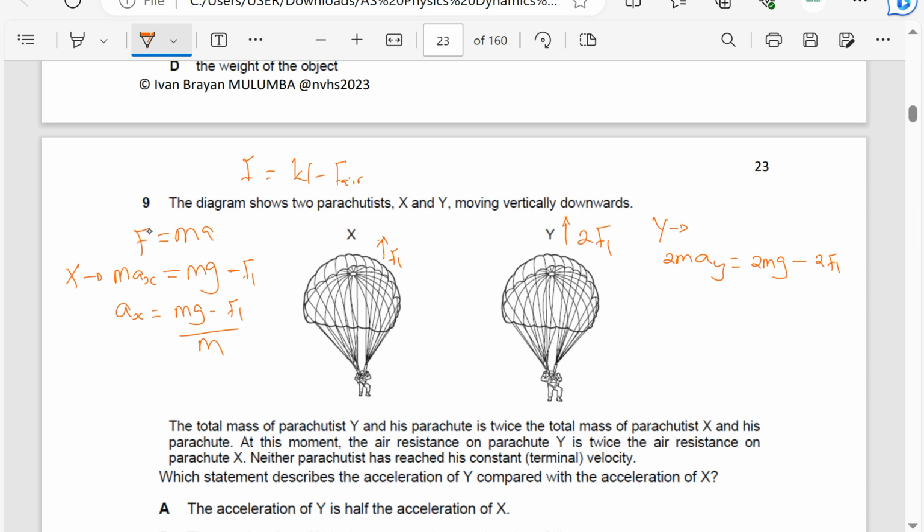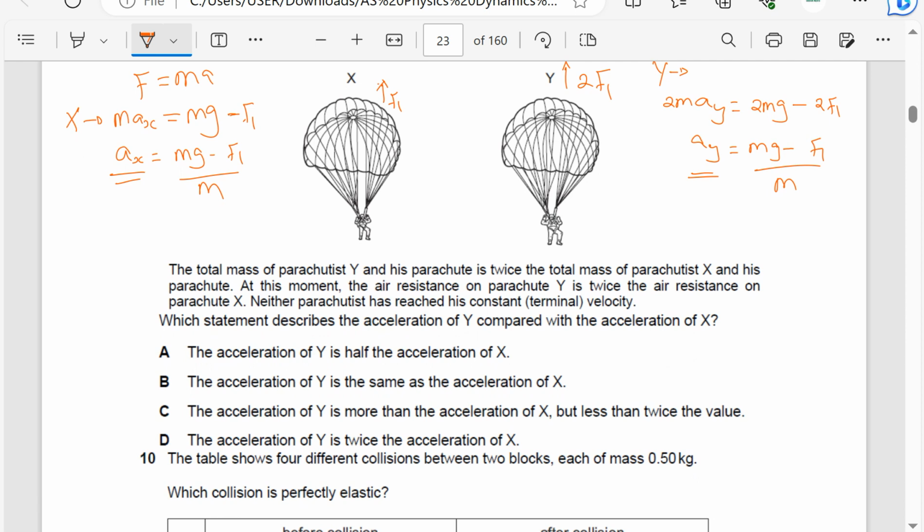So I just simplify this, the 2 cancels out, so I still have that the acceleration of Y is equal to (mg minus F1) divided by m. I want you to notice that the acceleration of X is perfectly identical to the acceleration of Y, so the accelerations are equal. The acceleration of Y is the same as the acceleration of X, so the answer is going to be B.